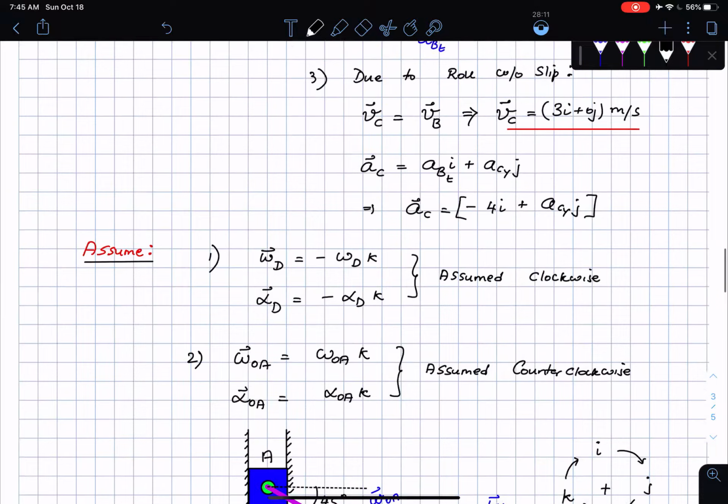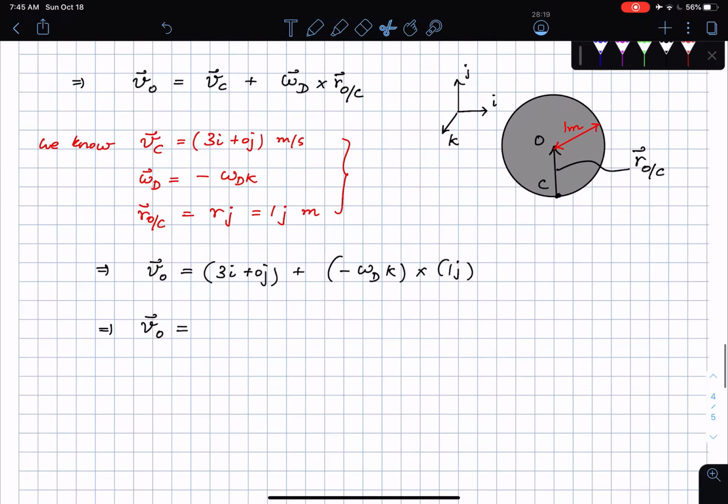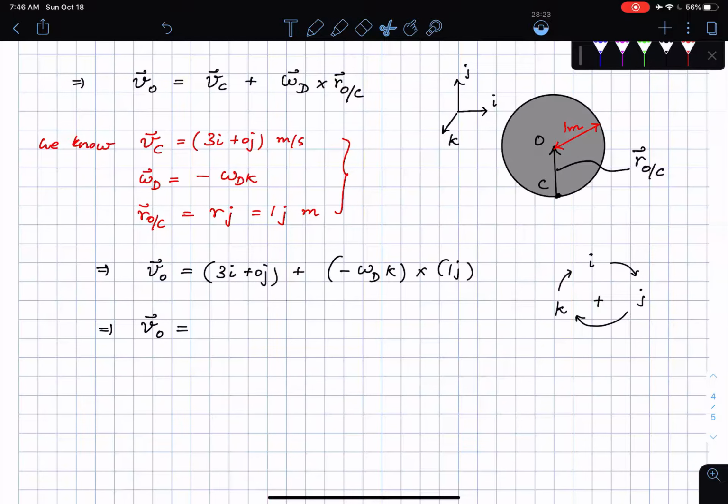I don't go anywhere without my triads. If I look at this, this is going to be 3I. K cross J is what you need to look at. What is K crossed J? It is minus I, but I already have a negative sign, right?